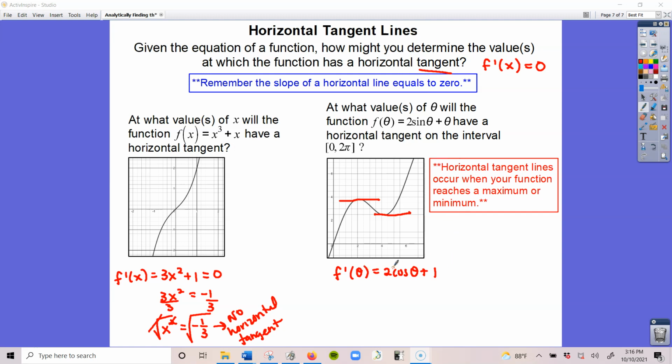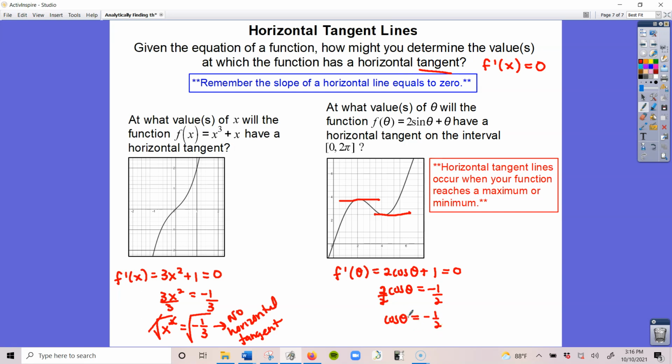To figure out when this has a horizontal tangent, we make our derivative equal to 0. And now we solve for theta. So first we're going to subtract the 1 from both sides. So 2 cosine theta is equal to -1. Divide by 2. We get cosine theta is equal to -1/2.